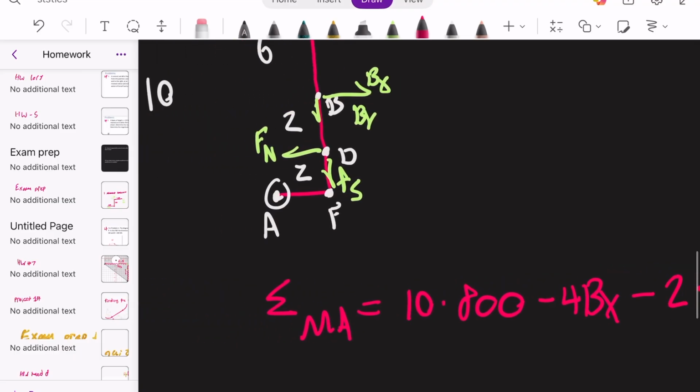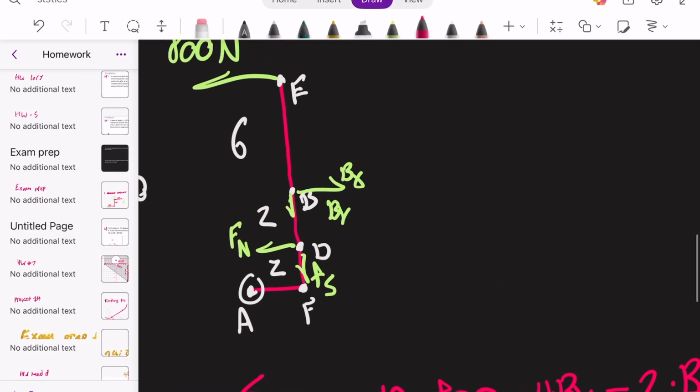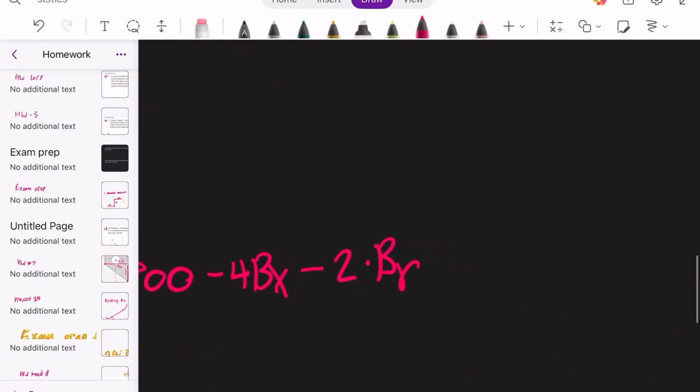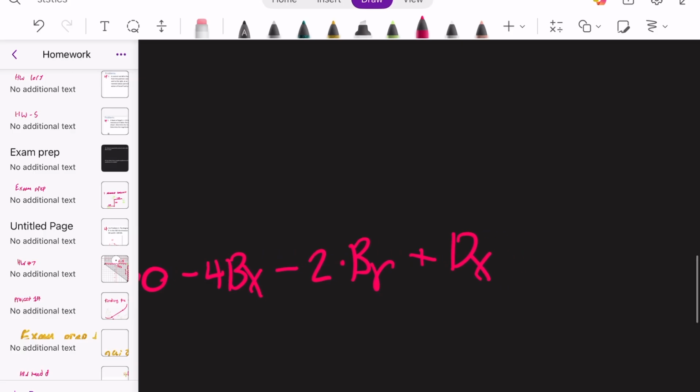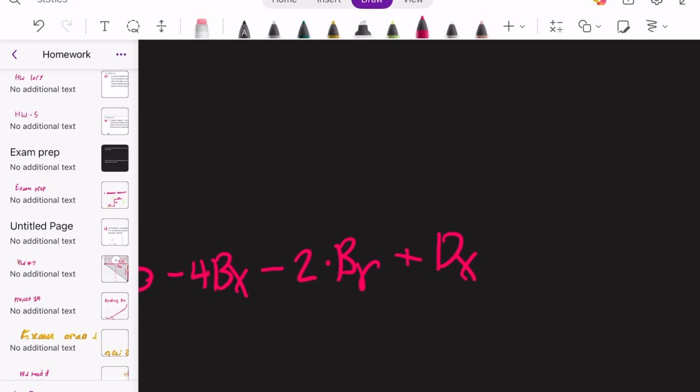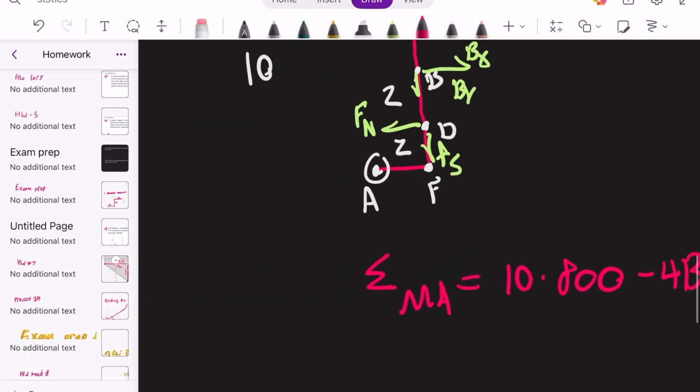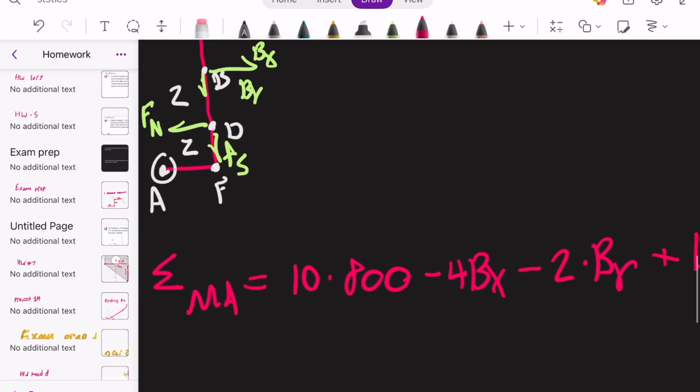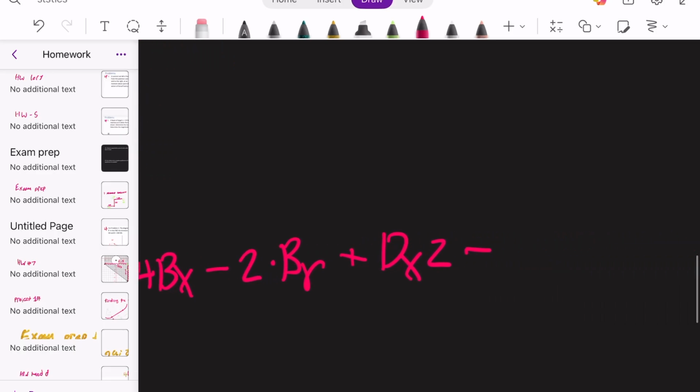And then our force normal is going to be acting counterclockwise, so let's add it. We're just going to call force normal Dx because it's acting at point D. Dx times 2, and then the y component is going to be acting clockwise, so we'll call that Dy instead of the force of static friction.